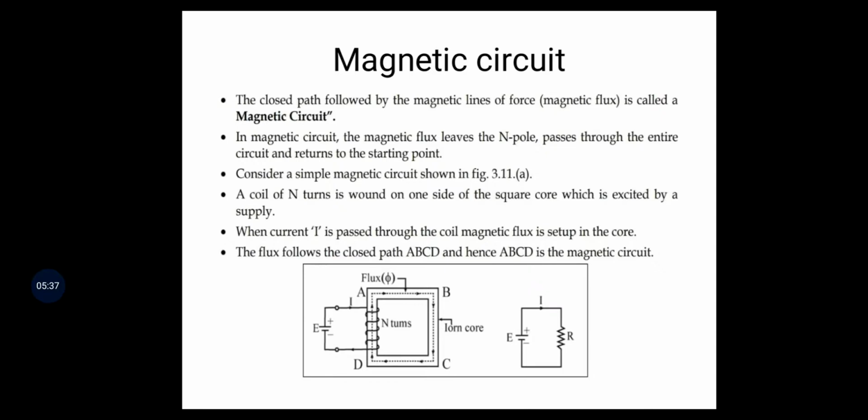A coil of N turns is wound on one side of the square core, which is excited by a supply. When current I is passed through the coil, magnetic flux is set up in the core.